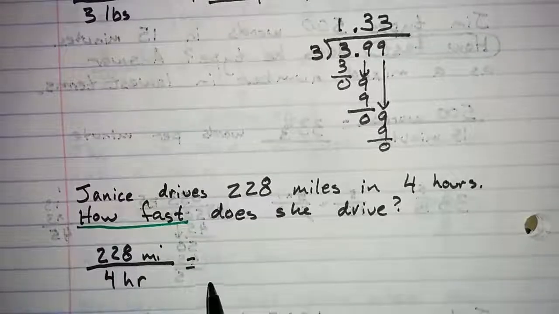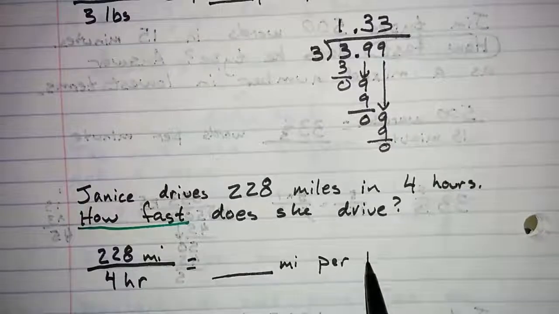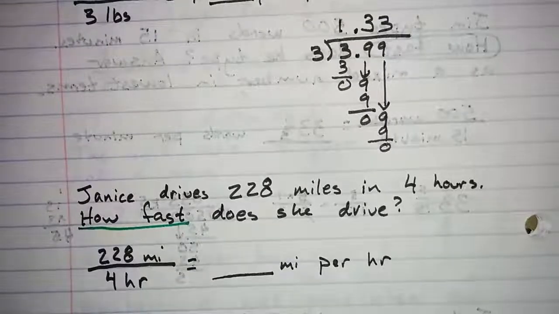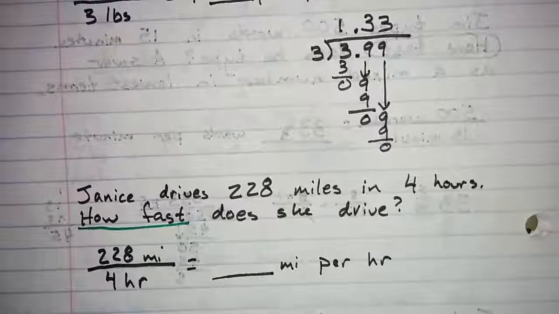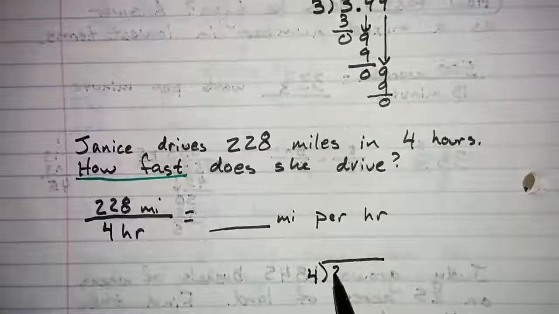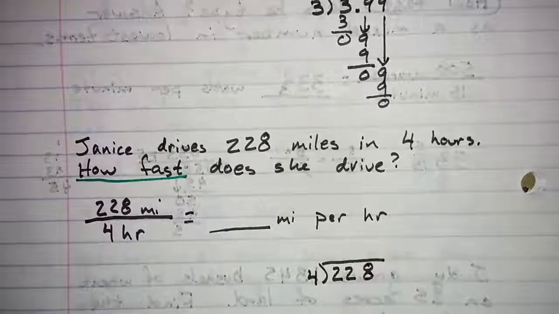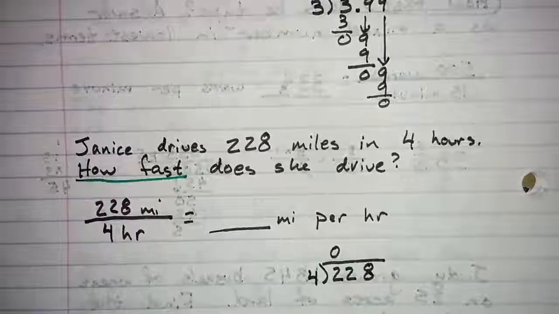And that's going to be some number of miles per hour. To find out how many, we want to do division. 4 into 228. 4 goes into 2, not at all.